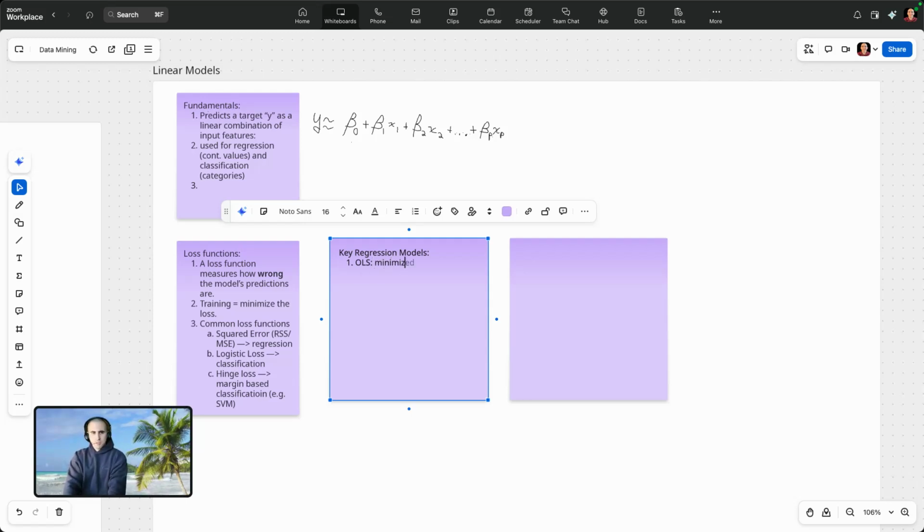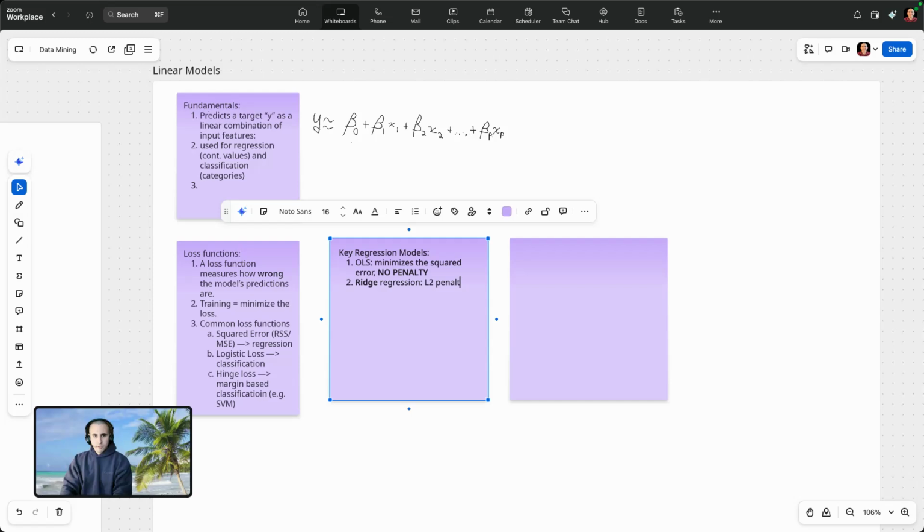Key regression models. Ordinary least squares, right? It minimizes the squared error, no penalty. I'll put that in bold. No penalty, right? And then we have ridge regression, which we can bold too. Ridge regression is the next one, and that uses an L2 penalty.